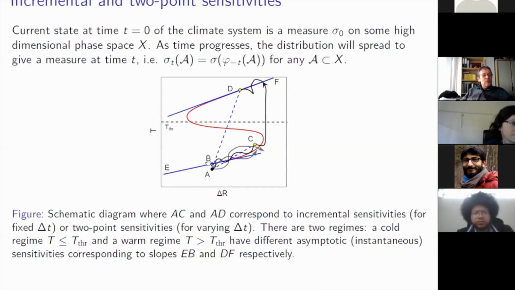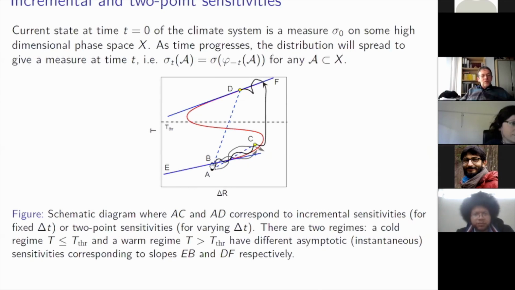You can see here, this would be an example. You have a stable branch here, another stable branch here, and there's an unstable branch in the middle. And so here we have saddle node bifurcations at the two edges where the number of solutions changes.